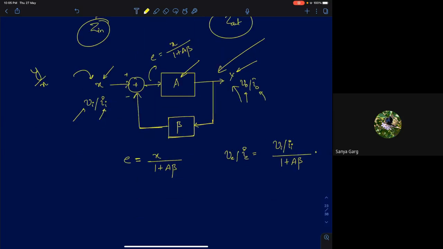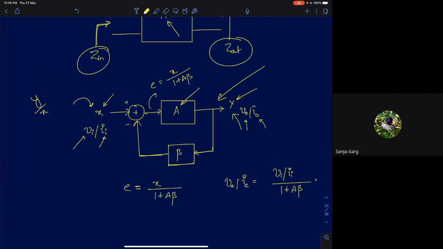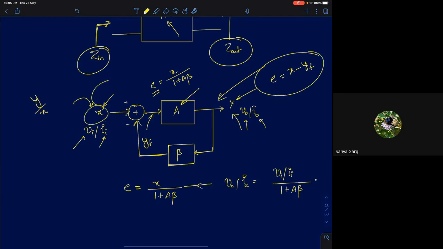Now, one thing that we will be using often in this lecture is a very simple result. After the application of negative feedback, the actual error input, the actual input signal that's being applied to the input of the amplifier, let's represent it as E. Your E here is X minus YF, where YF is the feedback quantity. Now this value of E is given by X upon 1 plus A beta. Which means a small fraction of the input is going to actually appear at the input of the amplifier.